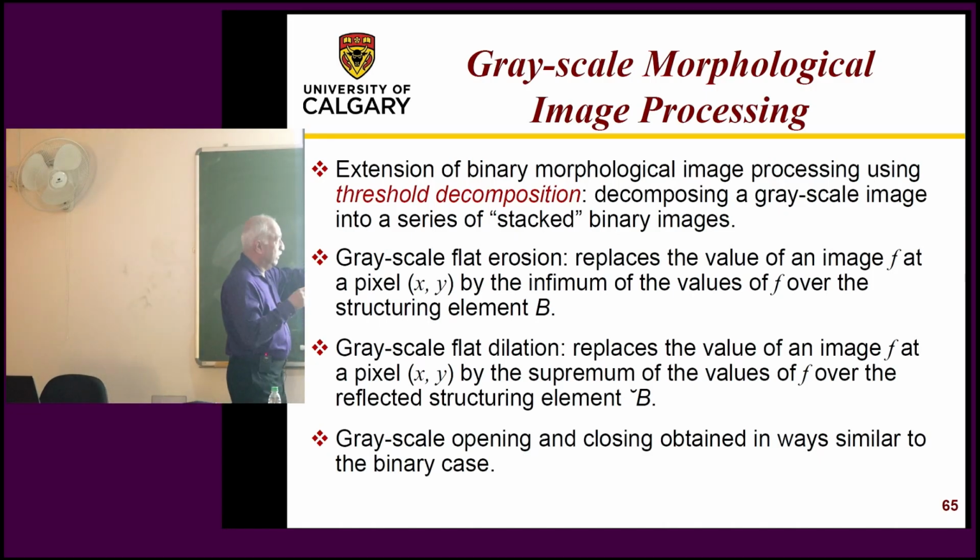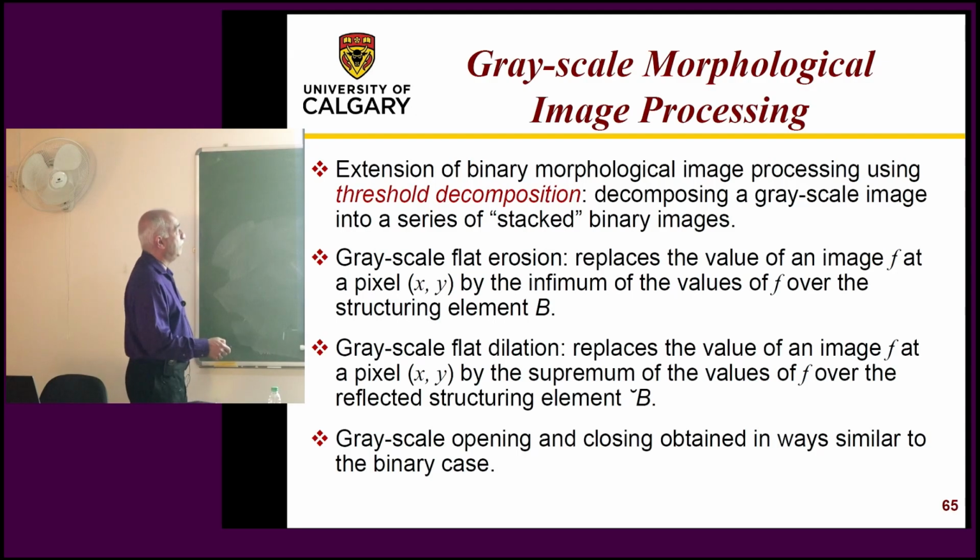Or you can reformulate the basic operations. Grayscale flat erosion replaces the value of an image f at a pixel xy by the infimum of the values of f over the structuring element. Dilation replaces it using the supremum.